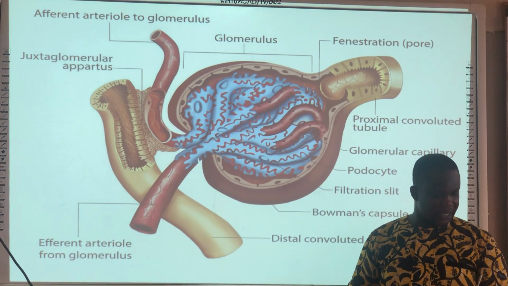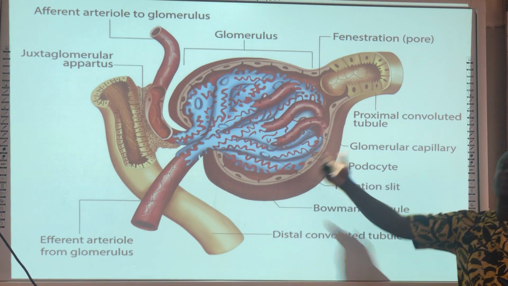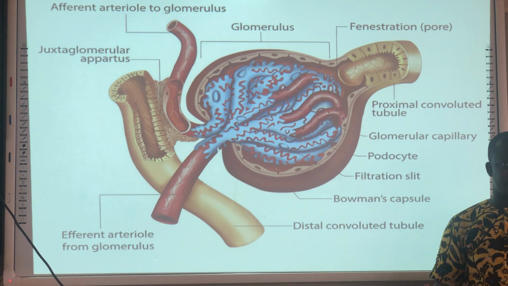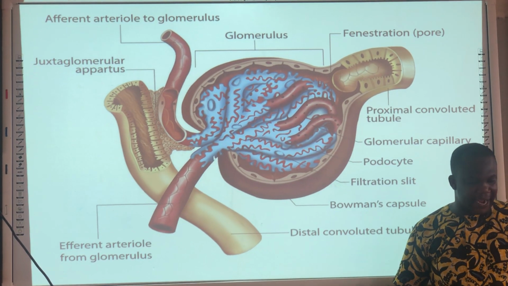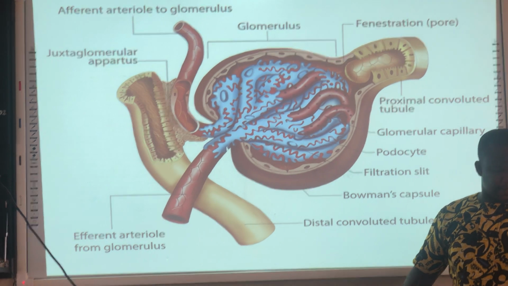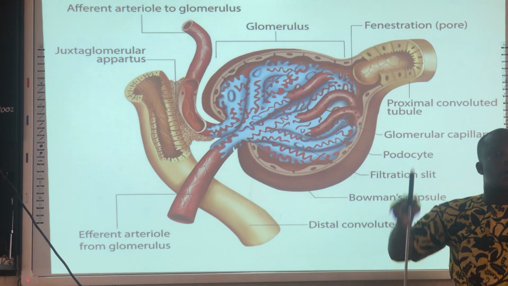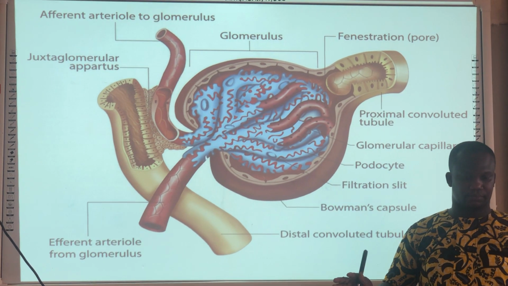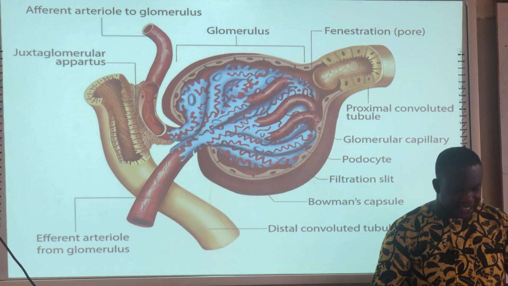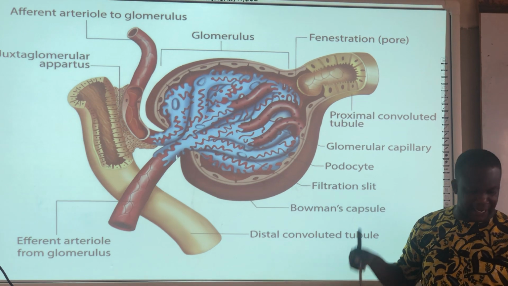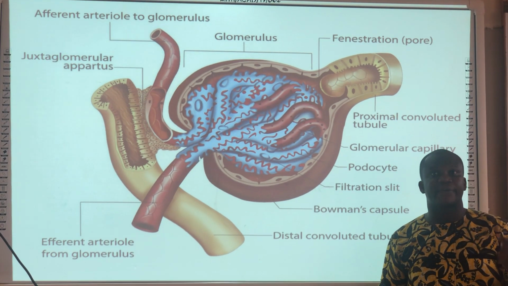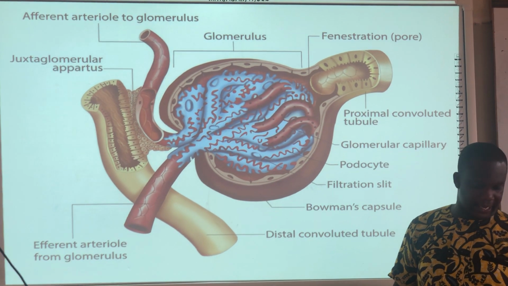Remember that this process I was explaining is a mechanism called the renin angiotensin aldosterone mechanism, or system. Now, how does this process come in? This process only comes in when there is a decrease in your blood volume. Whenever there is a decrease in your blood volume, this process is triggered in order to cause increased salt and water retention.